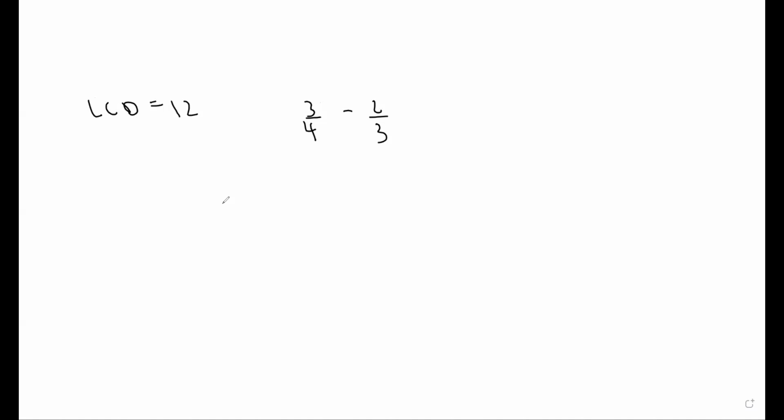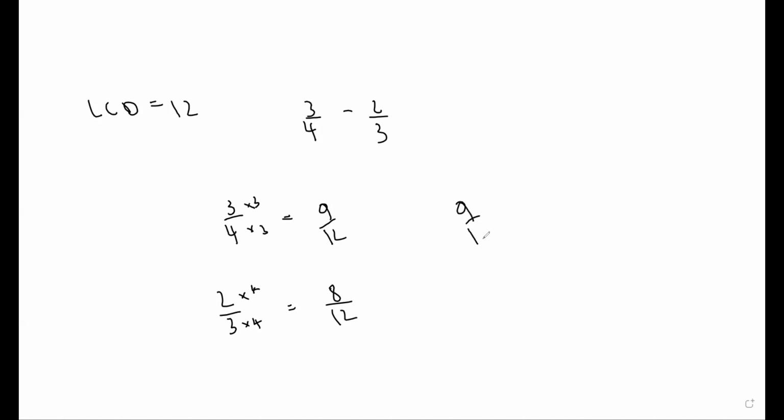So let's take these and rewrite them. Let's multiply this one by 3. So that's 9/12. Let's multiply the next one. To get 12 on the bottom, multiply by 4, and you get 8/12.